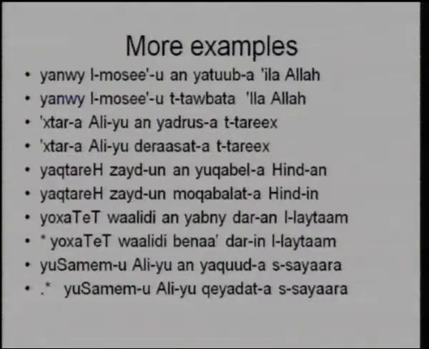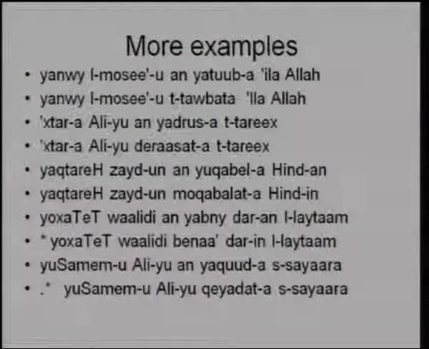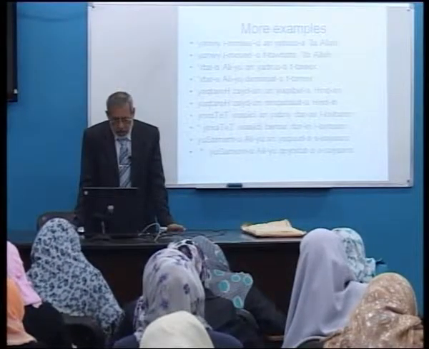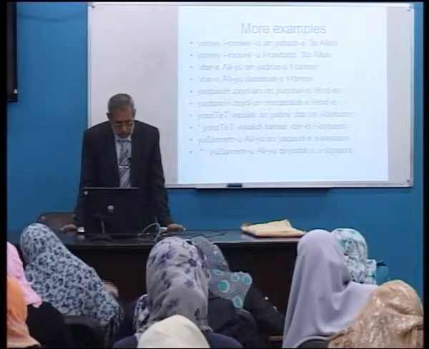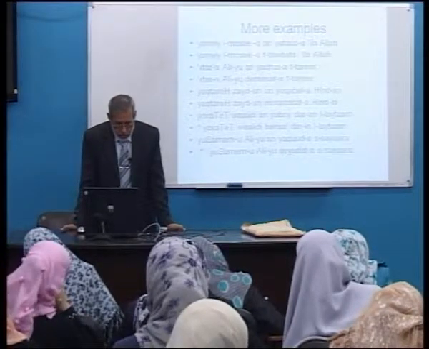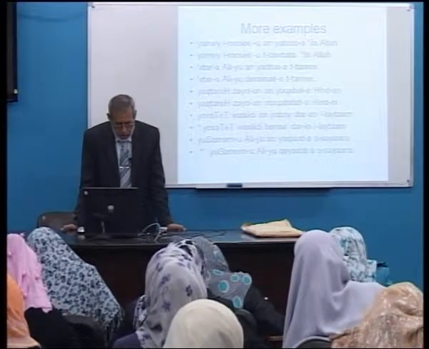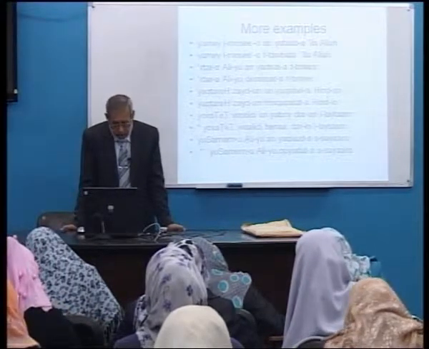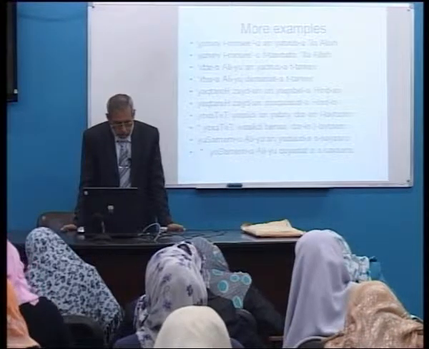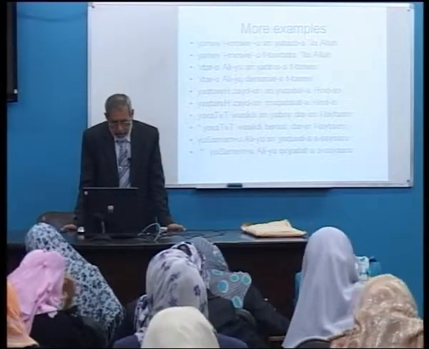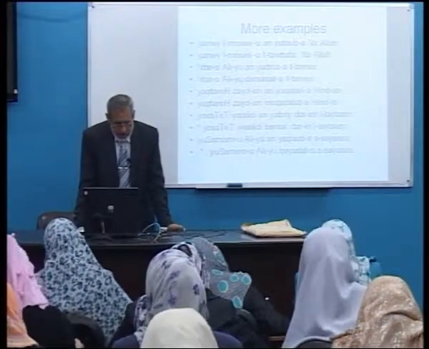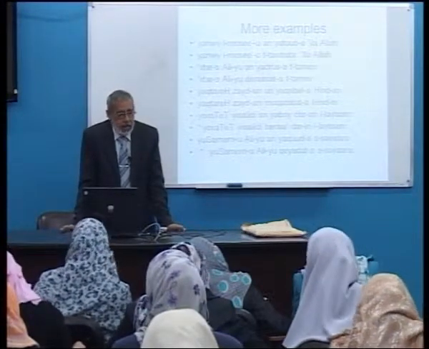ينوي المسيء أن يتوب إلى الله. ينوي المسيء التوبة إلى الله. يقترح زيد أن يقابل هندا. يقترح زيد مقابلة هند. يخطط الوالد أن يبني بيتا، أن يبني دارا للأيتام. يخطط الوالد بناء دار للأيتام.